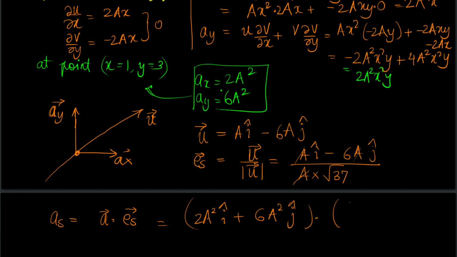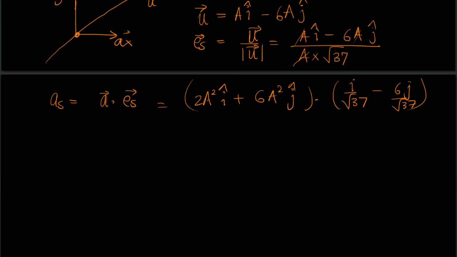So the a cancels out, so it is i by square root 37 minus 6j upon square root 37. So this acceleration component along the s direction comes out to be 2a square by square root 37 times 6 minus 36, a square upon square root 37.